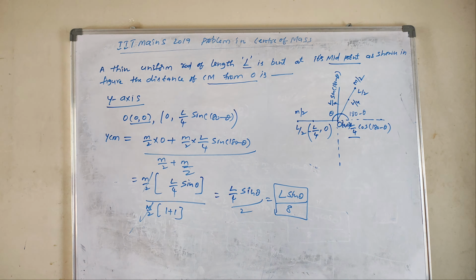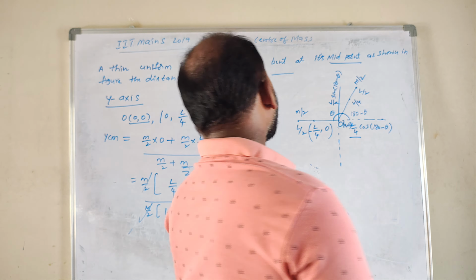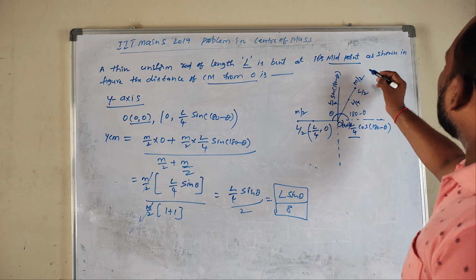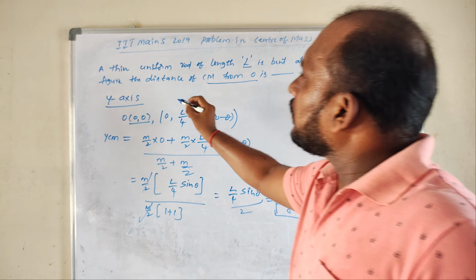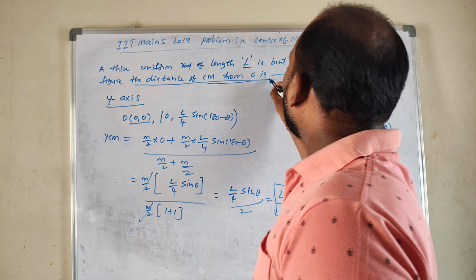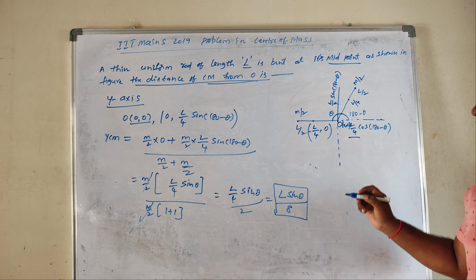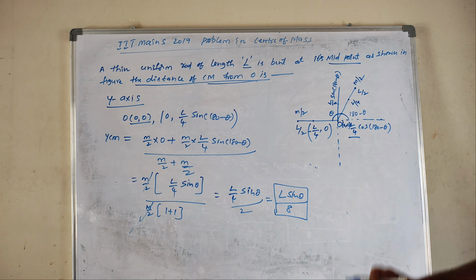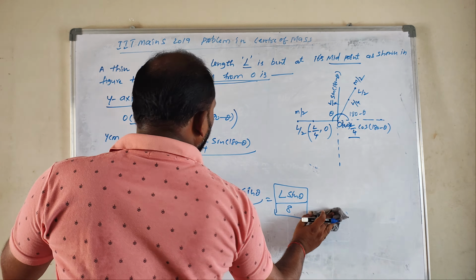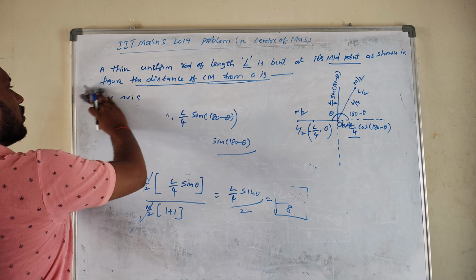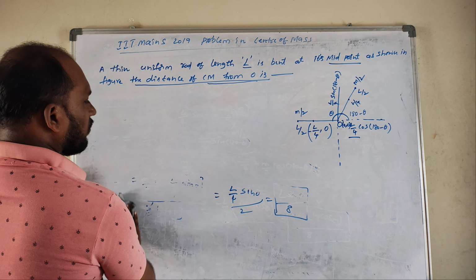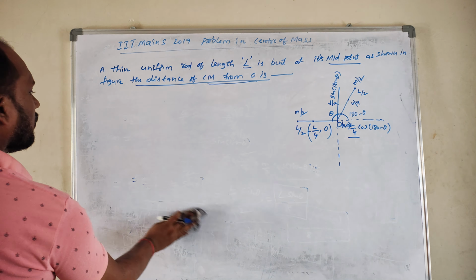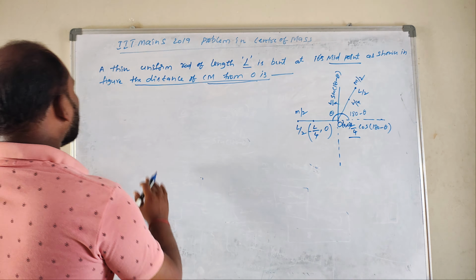So this is YCM. According to the problem, what is your observation? According to the problem, the distance of the center of mass from O is asked, as shown in the figure. So O is the point, this is the one. Now we have XCM and YCM and the origin with us. So let's see how to find the distance between O and XCM, YCM.